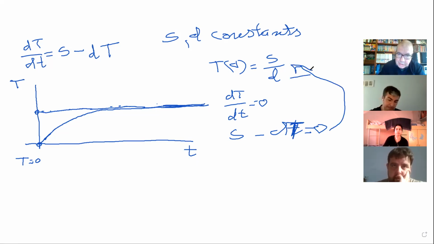Okay, everybody agrees? What about if you start here? What happens? The derivative is what? Positive or negative? Negative. It's negative because in this interval it's positive. If you start here, for instance, it does something like this. But if you start here, the derivative is negative and it goes like this, okay?